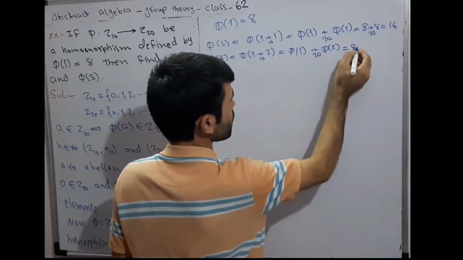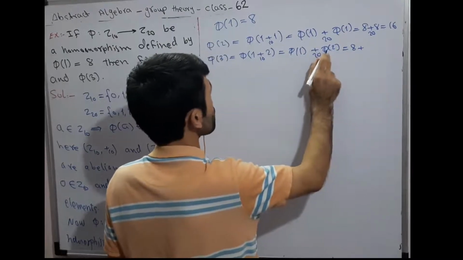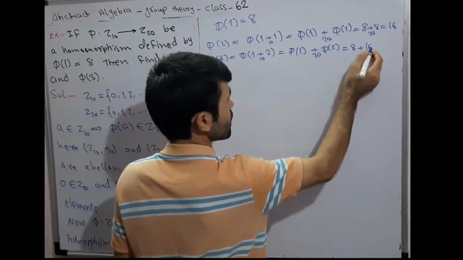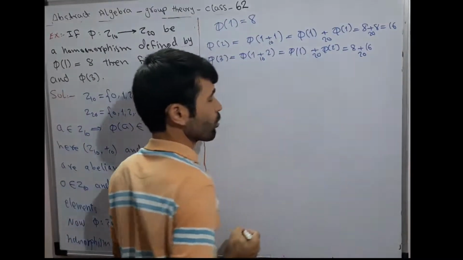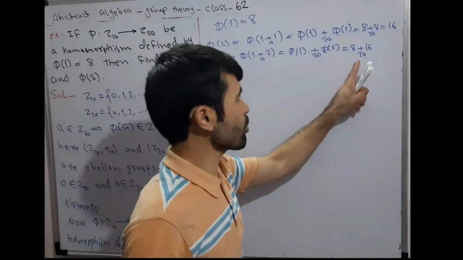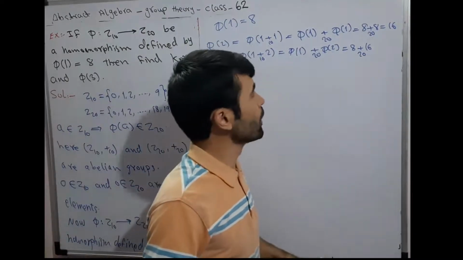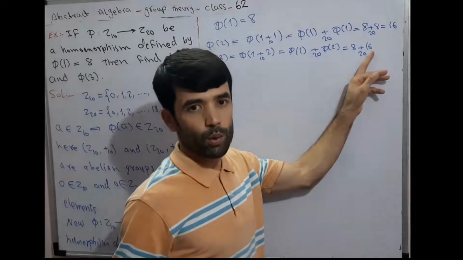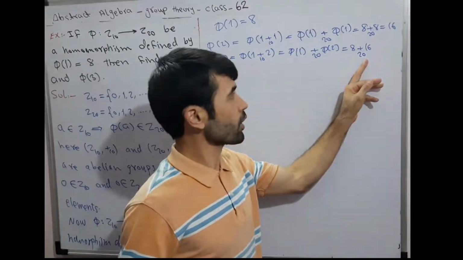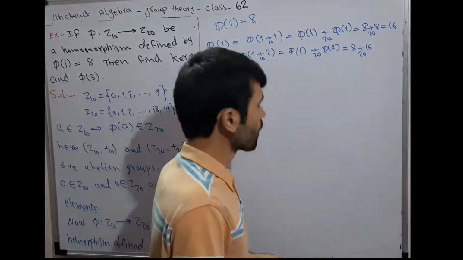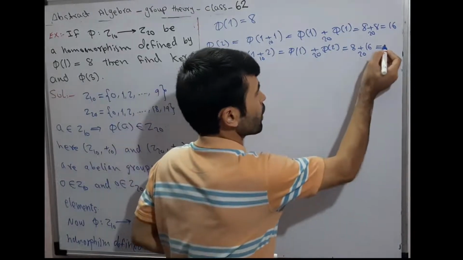We know phi of 2 is equal to 16. 8 plus 16, modulo 20: 8 and 16 will become 24. 24 divided by 20, the remainder will be 4. Therefore, it is equal to 4.